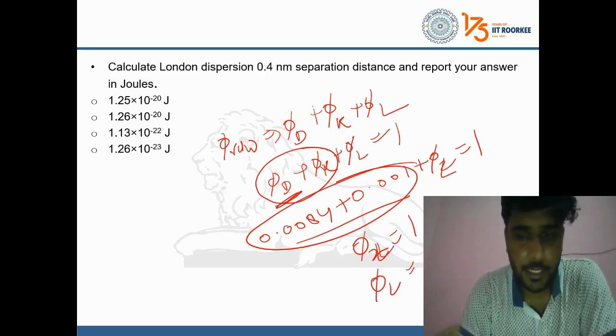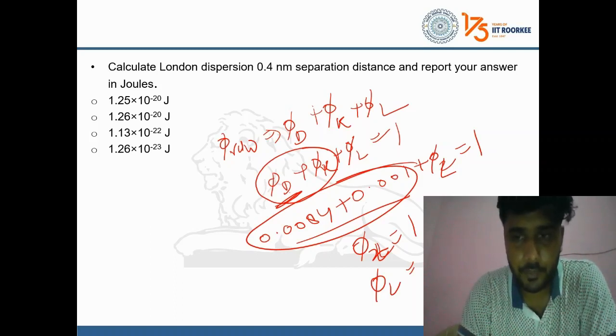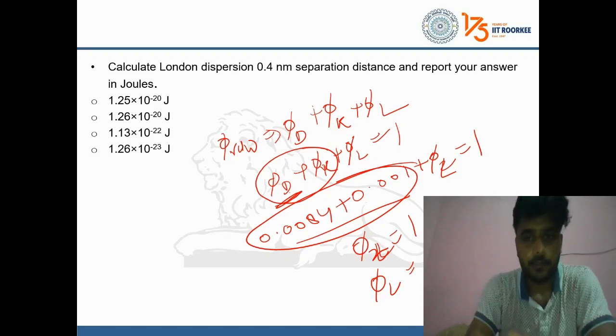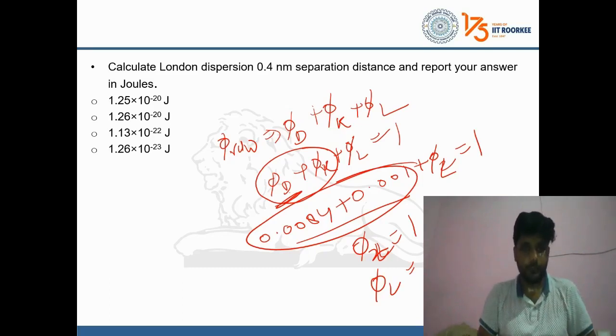After that, similarly, you multiply by beta and divide by x^6. So this will be the value of London dispersion at 0.4 nanometer separation distance.